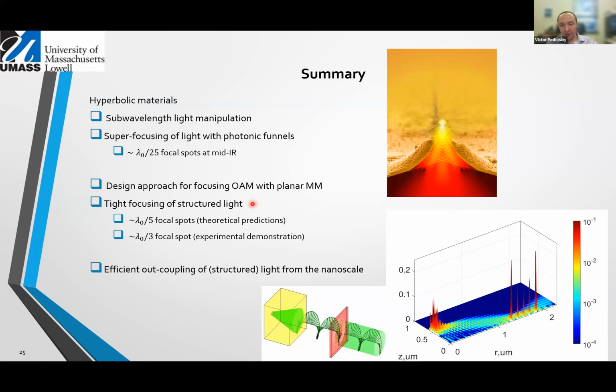And we demonstrated experimental evidence of focusing optical angular momentum beams with deep subwavelength cross-section. These structures allow not only focusing of light to nanoscale, but also extraction of light from the nanoscale with comparable efficiency. And they can, as a result, be utilized for both focusing and outcoupling of light from nanoscale.